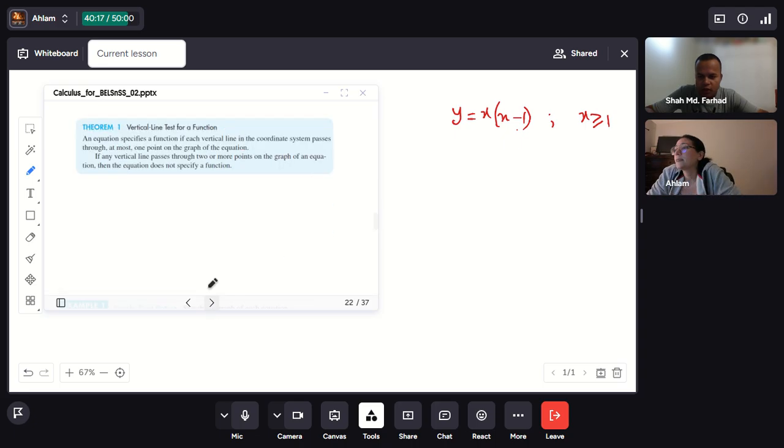And we also discussed this theorem, the vertical line test for a function.